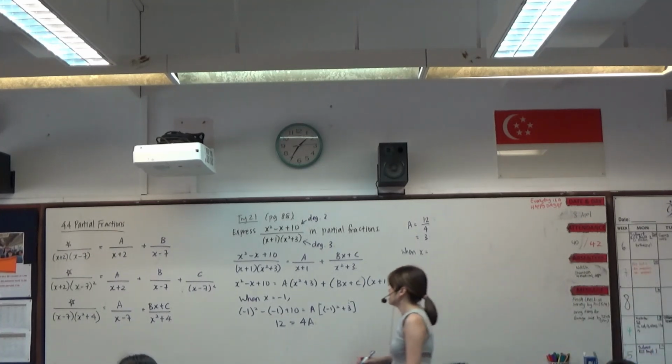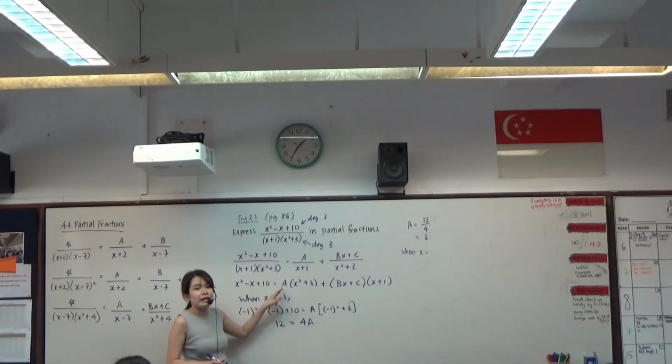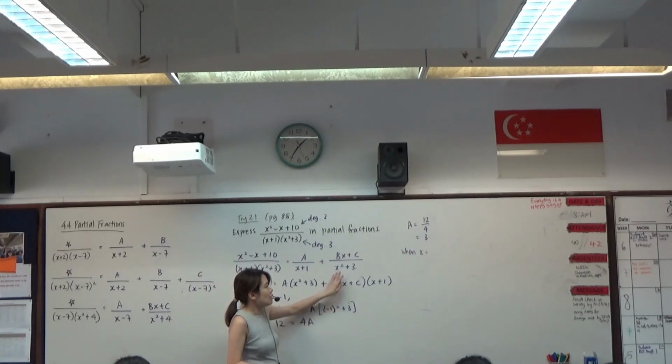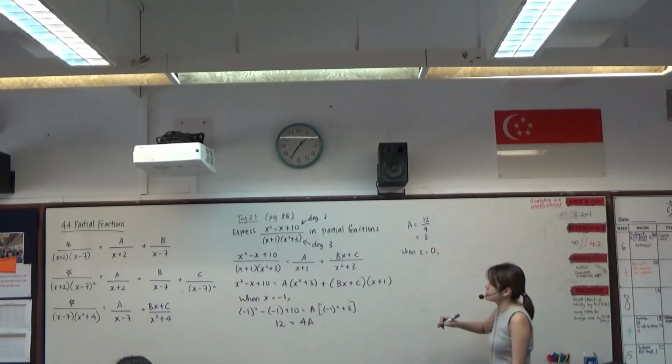If I let x be 0, I cannot eliminate A, but I already know the value of A. It is not a problem for us anymore. When x is 0, I will be able to not consider my B, and it can help me find out the value of C. So we can choose x to be 0.